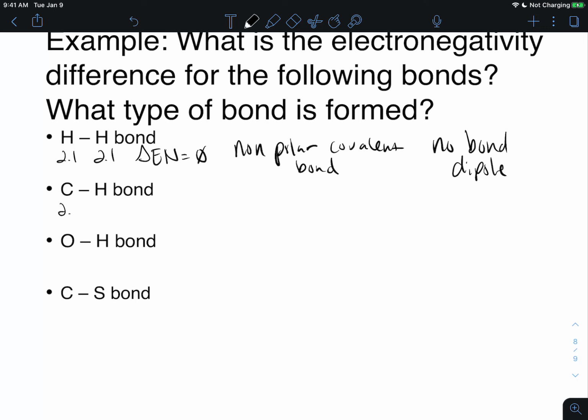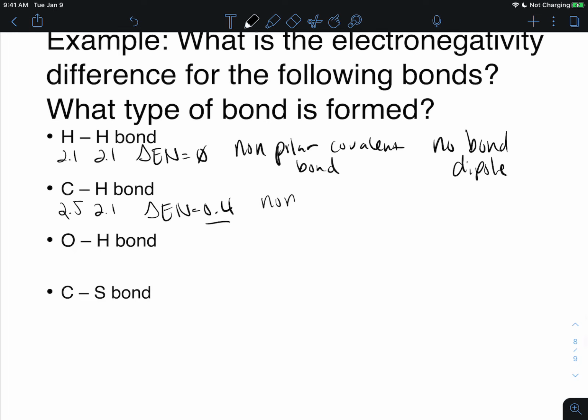Carbon is 2.5. Hydrogen is 2.1. Our difference here is 0.4. This is right at that threshold. This is a non-polar covalent bond. So no bond dipole.